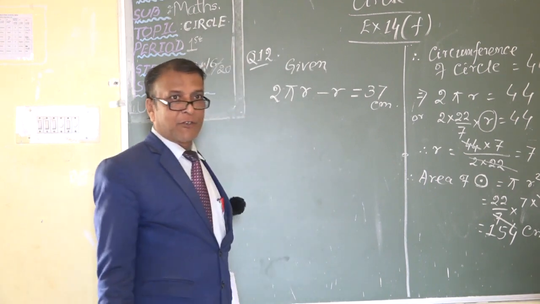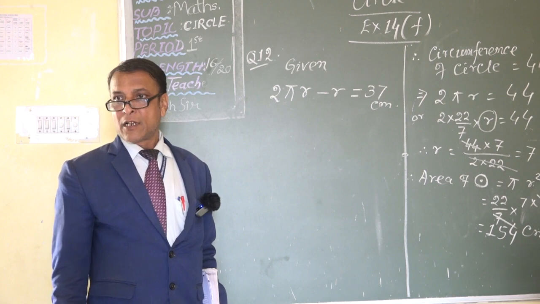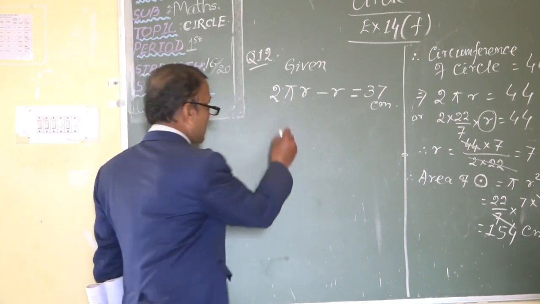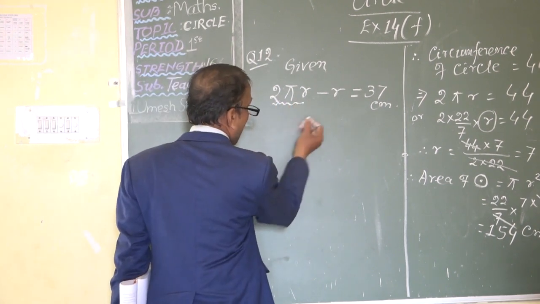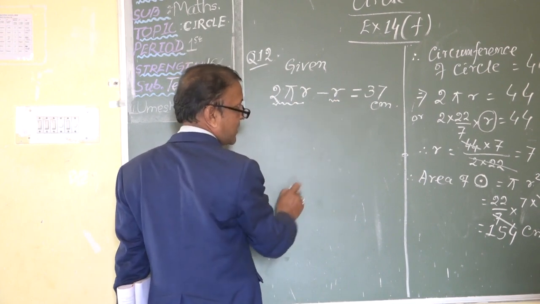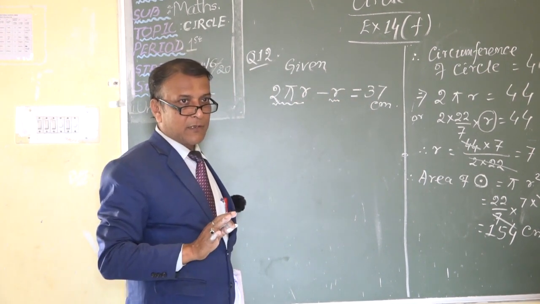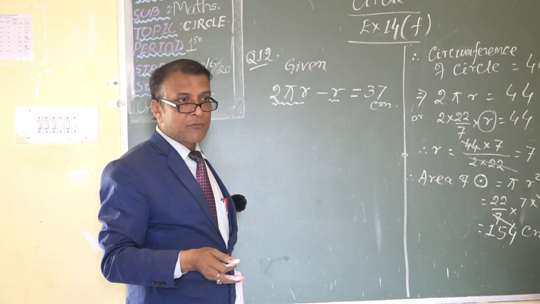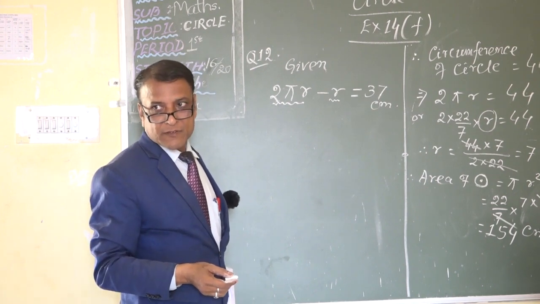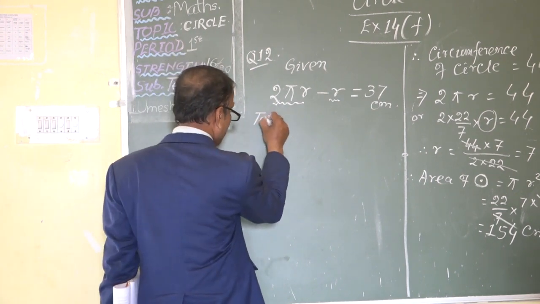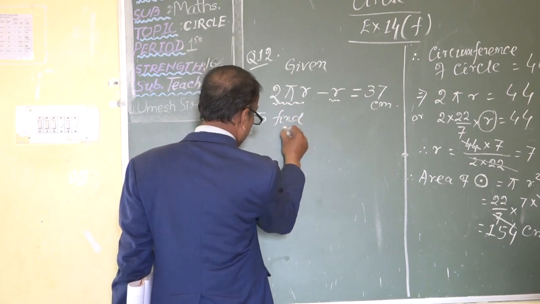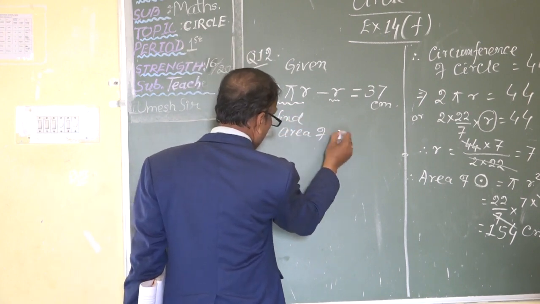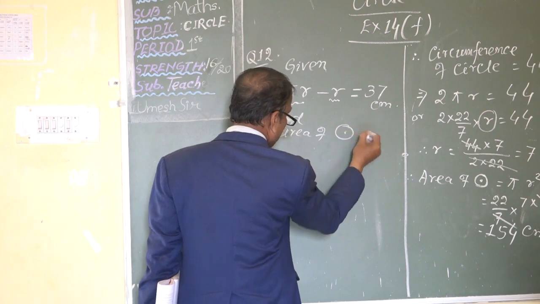In the question it is given that the difference between the circumference of a circle and the radius of that circle is equal to 37. And it is asked to find the area of that same circle.